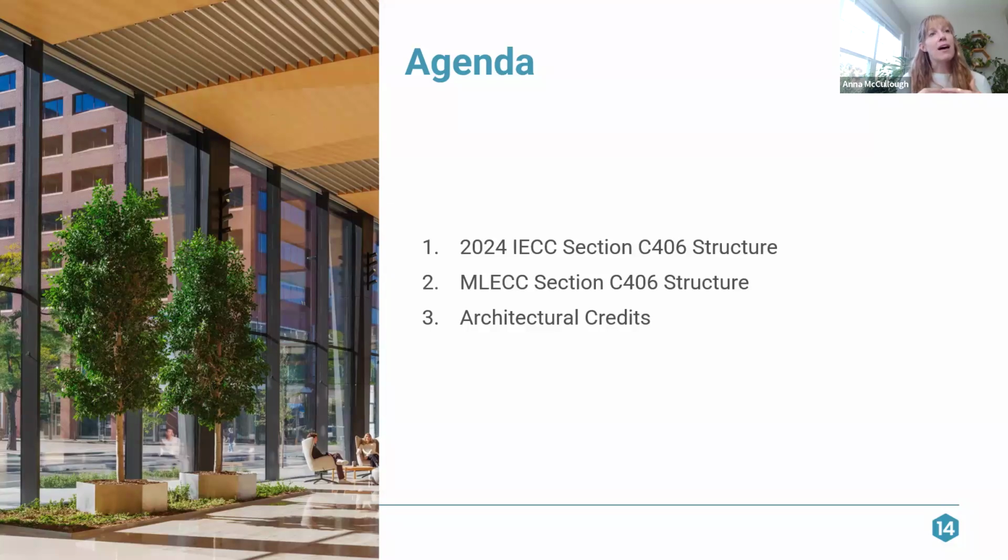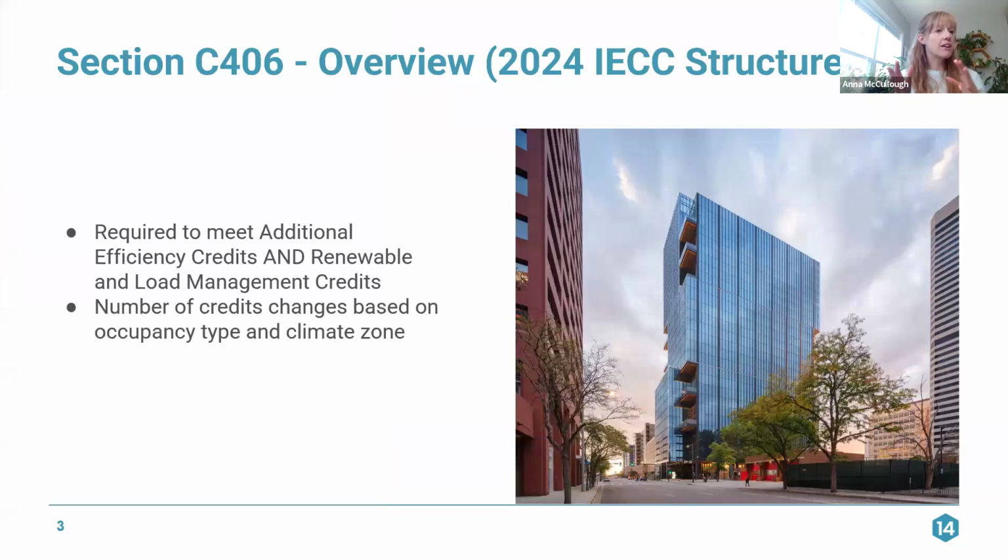Then we will talk about how the Low Energy and Carbon Code has amended the 2024 IECC, and then we'll go through the architectural credits. You saw on Erica's slides that this series goes for a couple of weeks, and we will be breaking up these credits. We don't want to do a 4-hour class on all of the credits because every single one of us would fall asleep. So that's the plan. Like Erica said, if you have any questions, please put them in the Q&A.